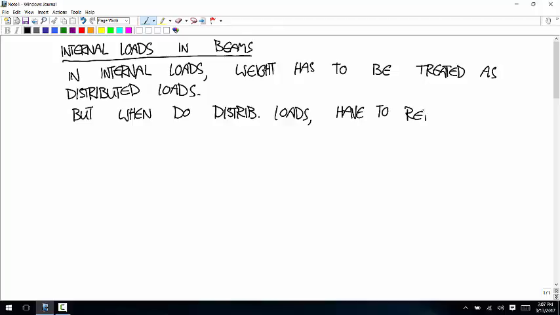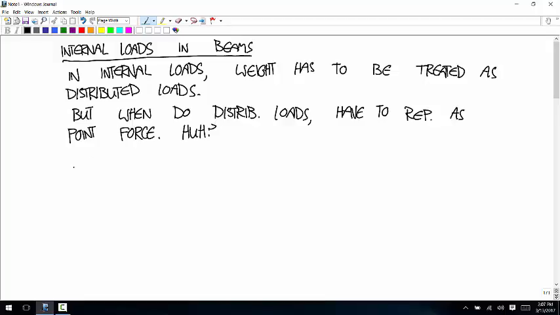So that whole thing is a little confusing. So what's the deal? Is it a distributed load or a point force?